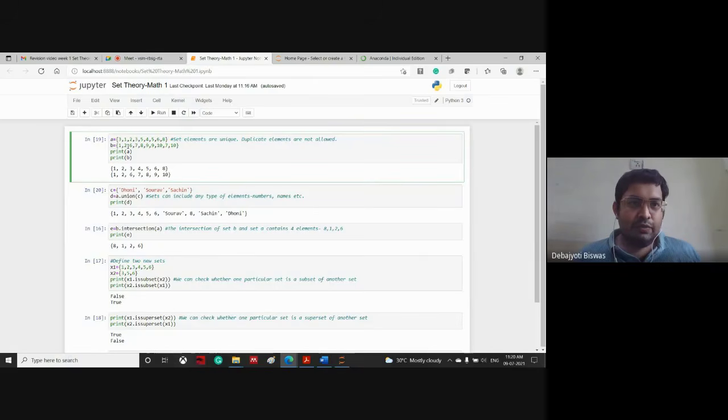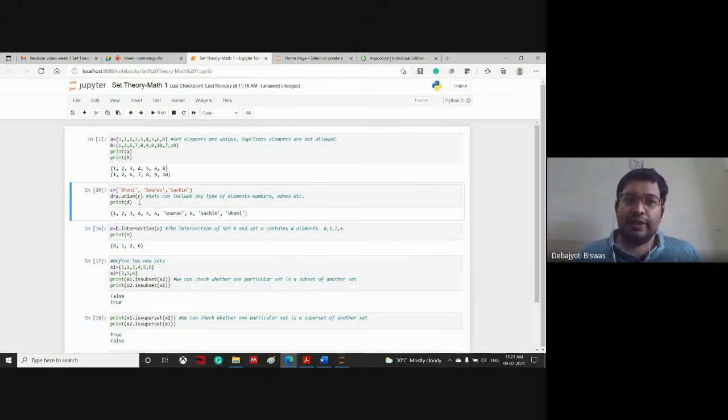Another set is also written: 1, 2, 6, 7, 8, 9, 9, 10. 9 is repeated twice, 10, 7, 10, and 10 is also repeated. Now if we print A and B, these two sets, it gives us all the elements 1, 2, 6, 7, 8, 9, 10. The numbers which are repeated are not taken twice, but only once.